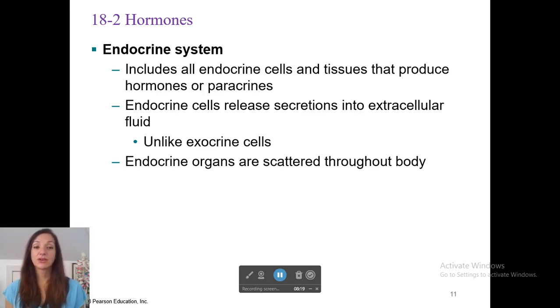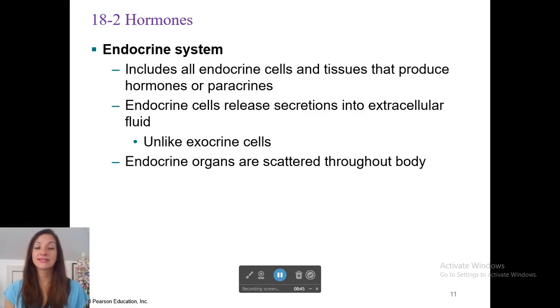So the integumentary system, of course, is the skin, and some examples of the exocrine glands there would be sweat glands and sebaceous glands. Also, ceruminous glands are exocrine. In contrast to that, endocrine glands are releasing secretions into the blood and bodily fluids.